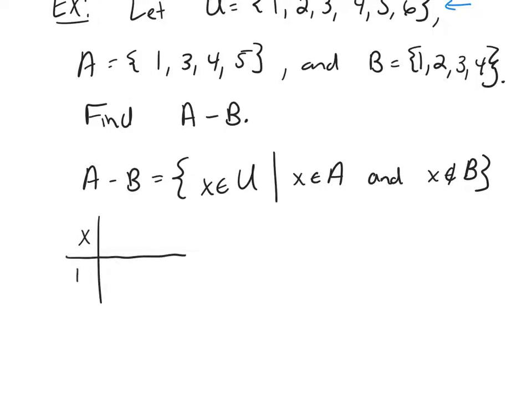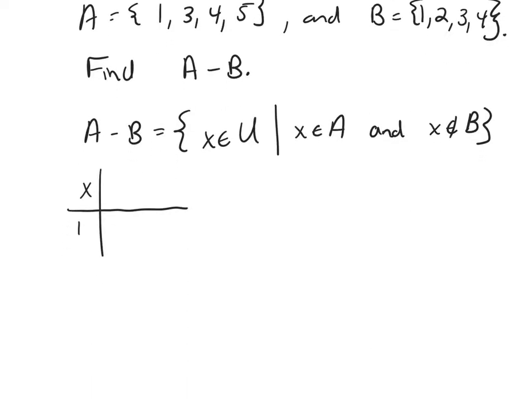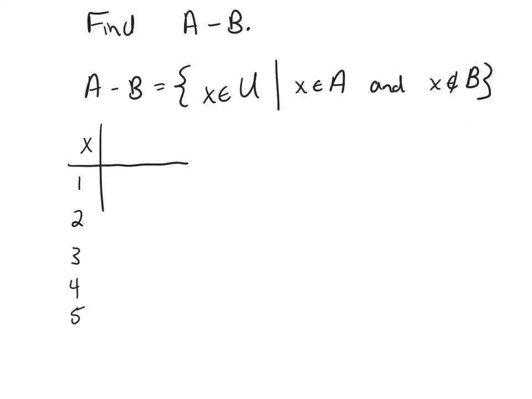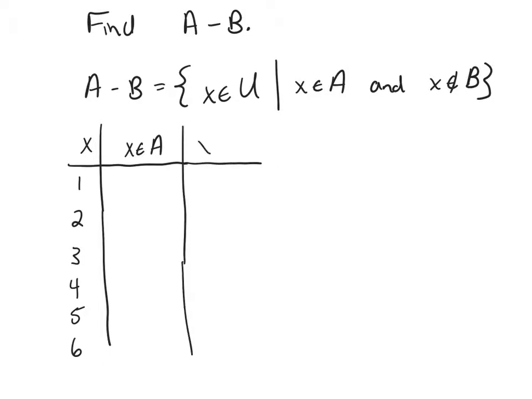So I'm going to just organize this information in the following table. And 6. And I need to check, is this an element of A? Is X in A? Is it not in B?